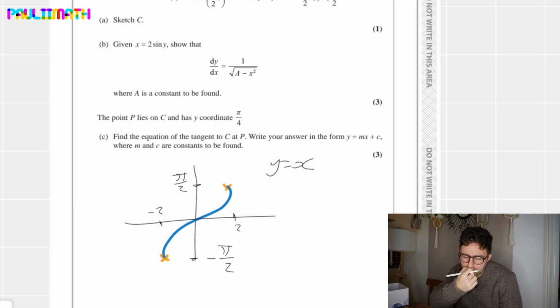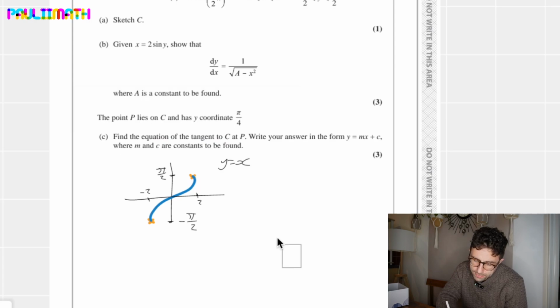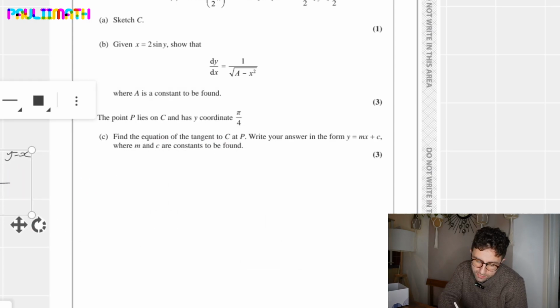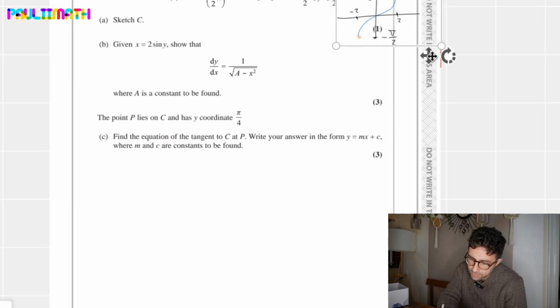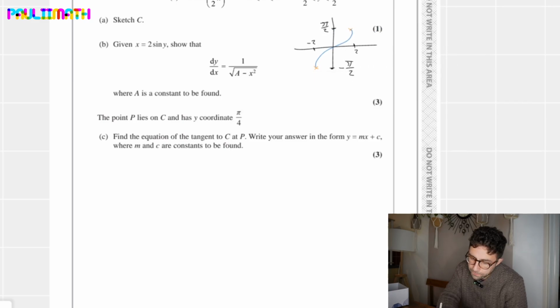Given that something or other, show something or other. Sounds good to me. Maybe put that sketch up the top. There you go.